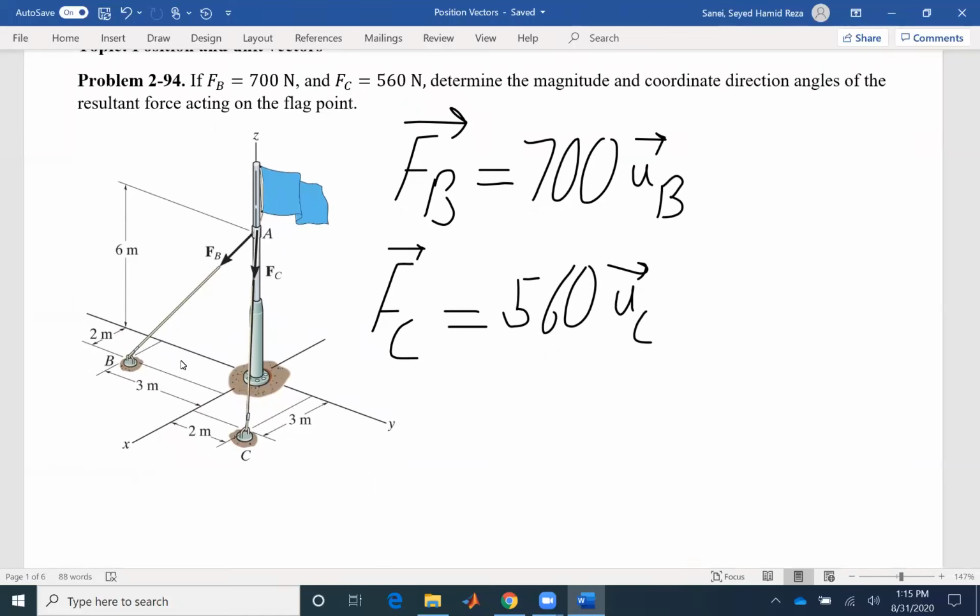So looking at the problem, UB, this vector is going from A to B. So we can call it UAB. And to find the unit vector, we can find a position vector and divide it by its magnitude. That would give us the unit vector.